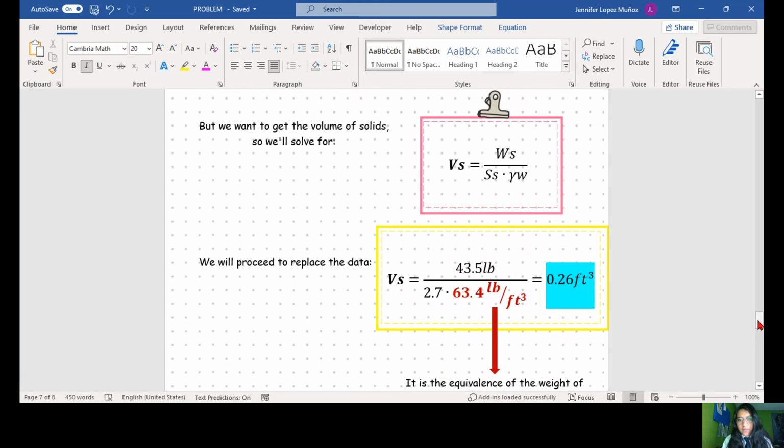This is the other formula: the solid volume equals solid weight divided by relative specific weight of solid, times the specific weight of water.